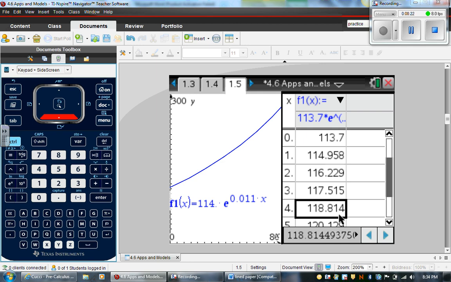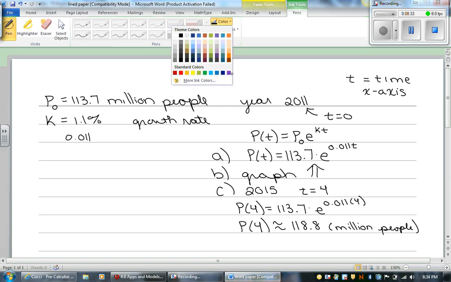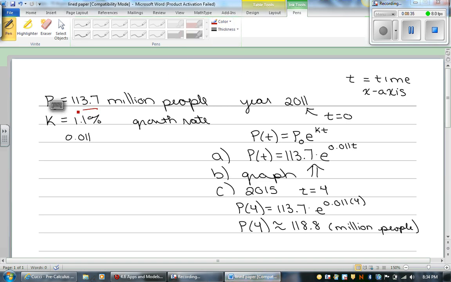Okay, so part D says, after how long will the population be doubled to that of 2011? So if we're doubling the population, that means we're doubling my initial value. Doubling means to multiply by 2. So 227.4.